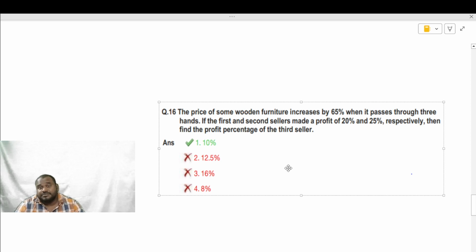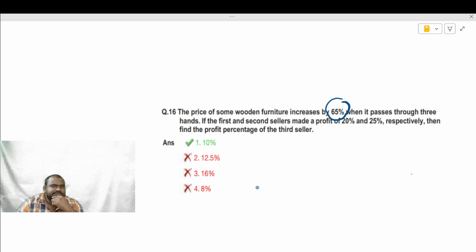The price of some wooden furniture increases by 65%, then it passes through three hands. The first and second sellers made a profit of 20% and 25% respectively. See, the price of some wooden furniture increases by 65%. Suppose he purchased it for 100, then he sold it for 165 rupees.